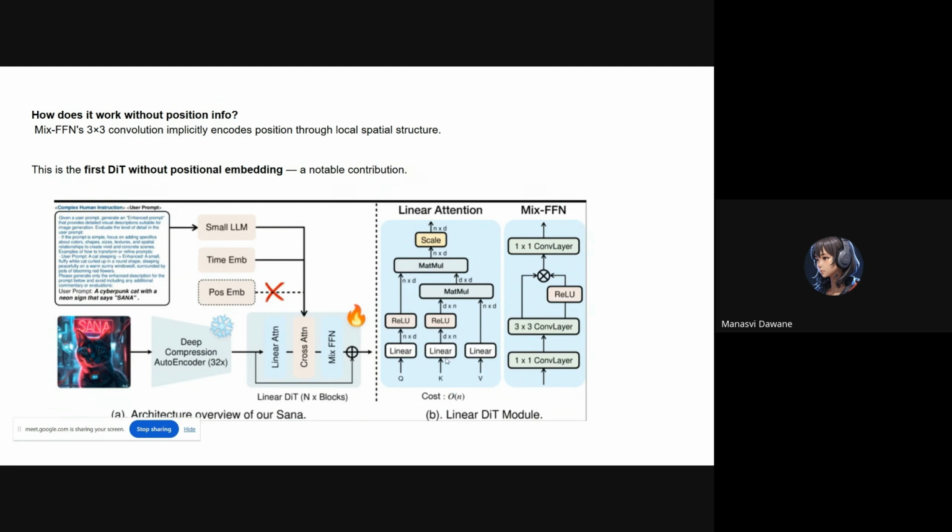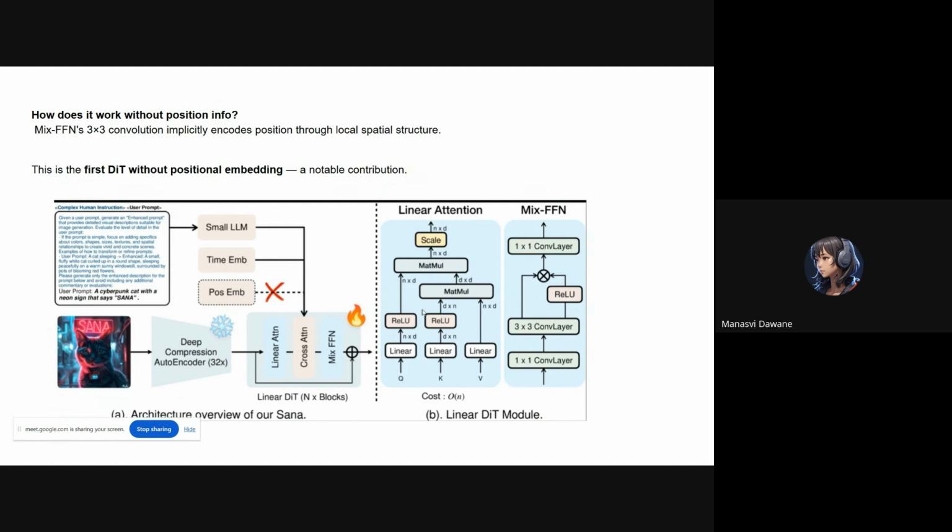Then ReLU is applied. It's a nonlinear activation function. This is applied, not softmax. They did not use softmax because it increases the computation. If you use softmax, you'll get N into N, the N squared, and the cost of the model will drastically increase. So we are using ReLU. Then it's given to the matmul function.